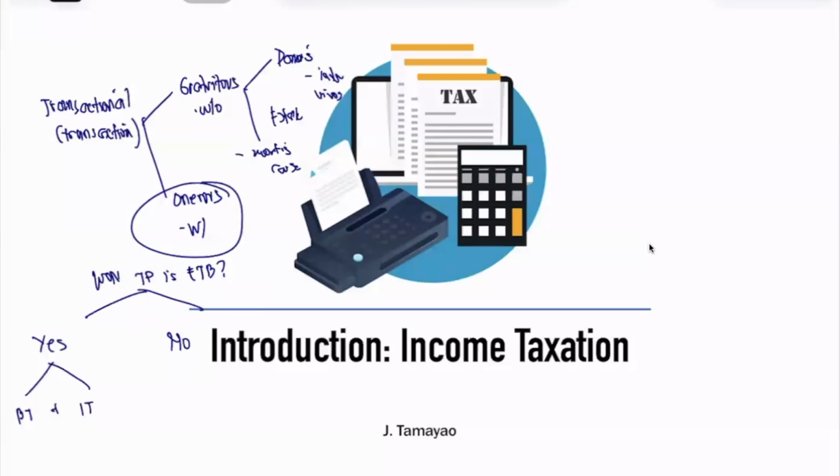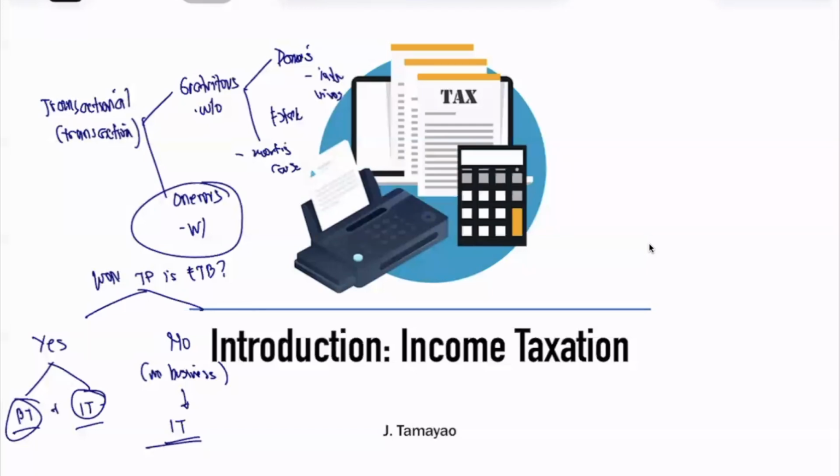But if your answer is no, meaning there is no business, then what is subject to tax is only income tax. Again, if there is a trade or business, there are two taxes: a tax on the transaction as to your business and a tax on your income. If there's no business, it is purely income tax.